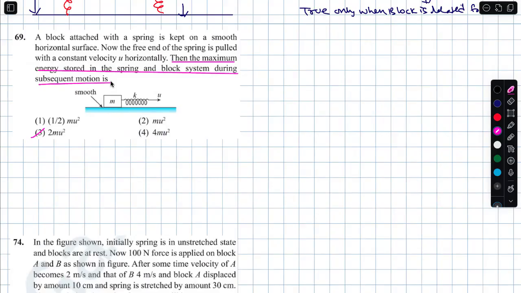Please try to understand what exactly is happening over here. This is always moving with a constant velocity.